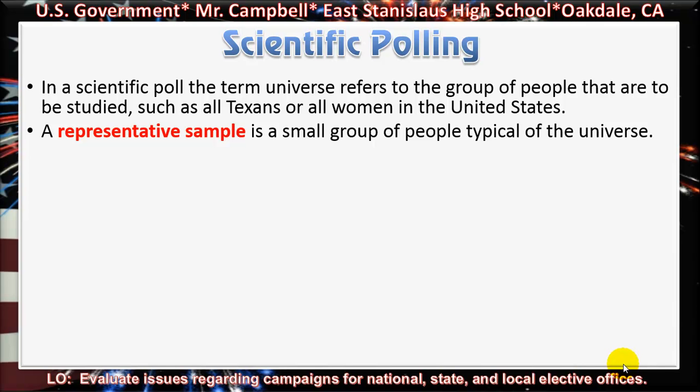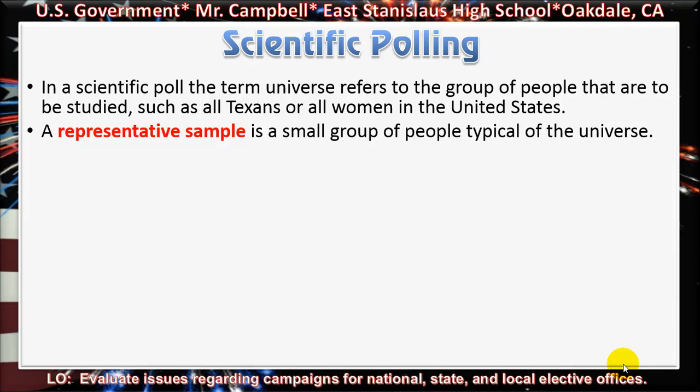So once again, if the universe you're studying is all women in the United States, then your representative sample wouldn't look like an isolated group of women, but it would have a consistent makeup of all of the women in the United States.